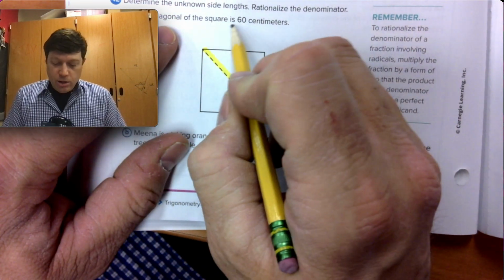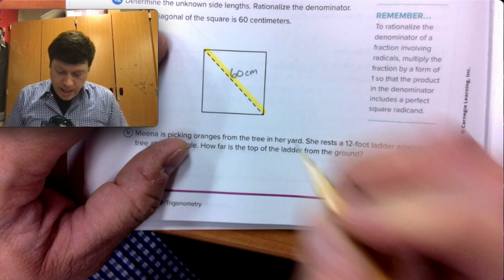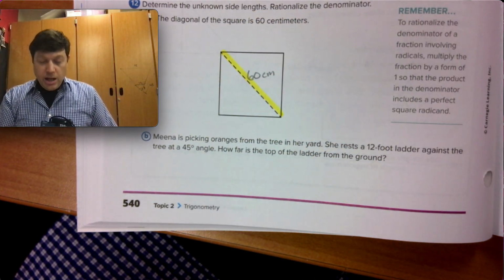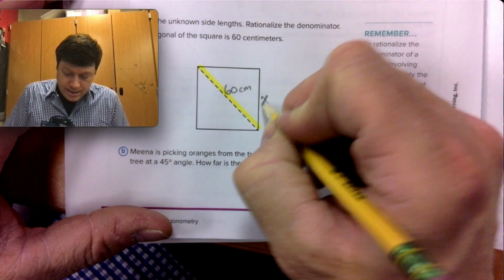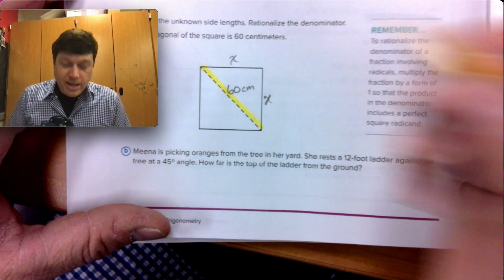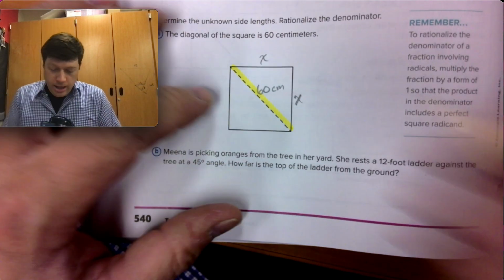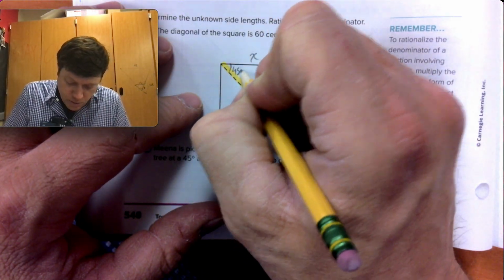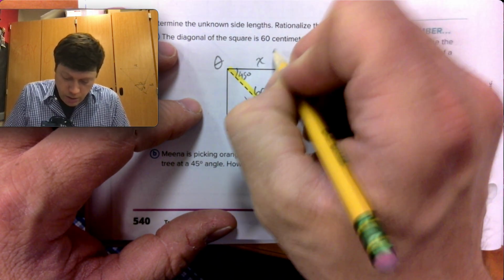So I'm going to say the diagonal of this square is 60 centimeters. And if we want to find the side lengths, what we need to do is put in x and I guess the same letter because it's a 45, 45, 90, so the two sides are the same. And I can put a 45 in this corner, and I can call that theta, and then I can go theta, HOA.